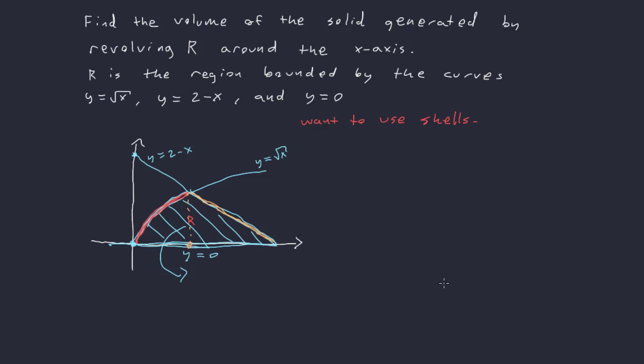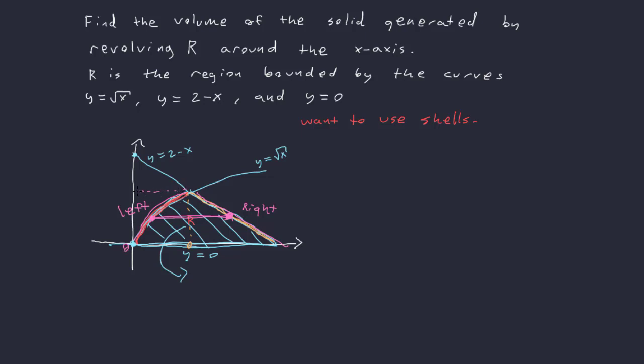So what I'll do instead is use shells, and to use shells, we'll set it up in terms of y's instead. When we do that, if we compare the right side and the left side, they don't change. The right is always this function here, and the left is always this function here. And y goes from 0.